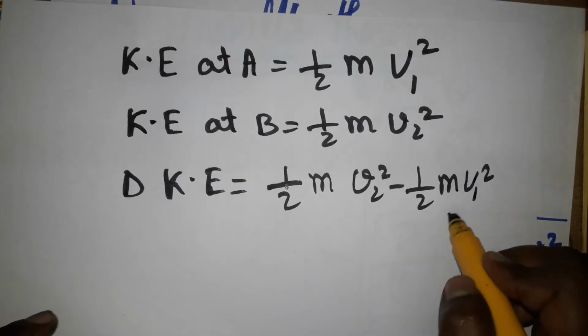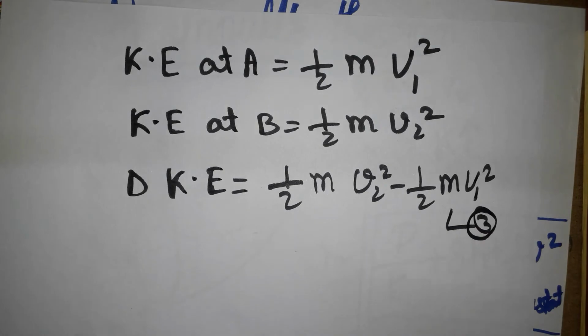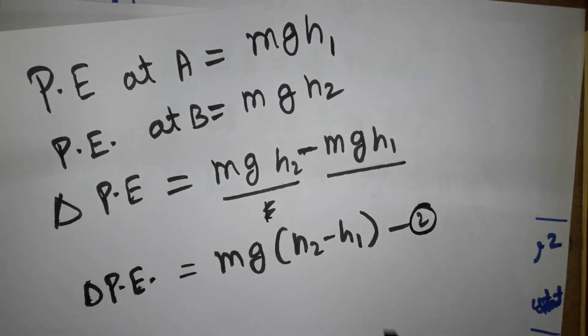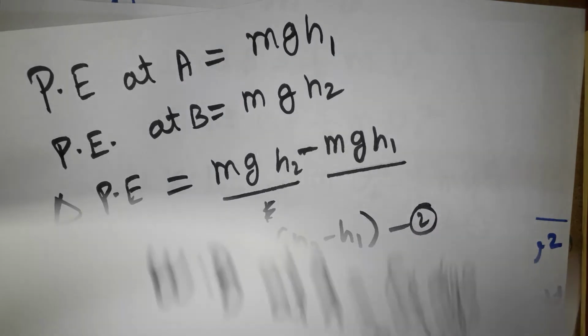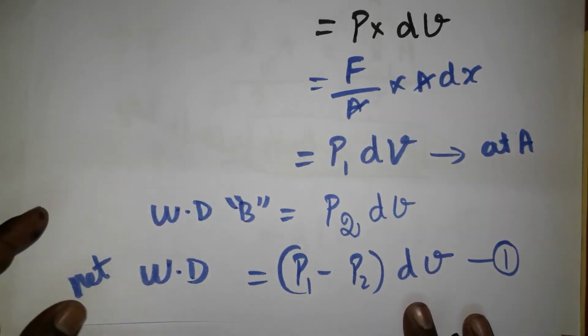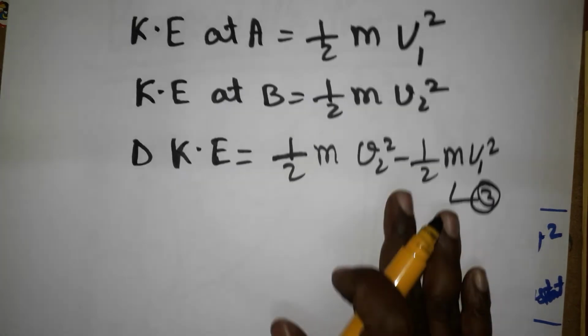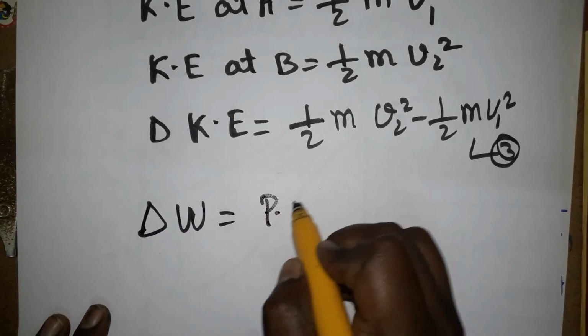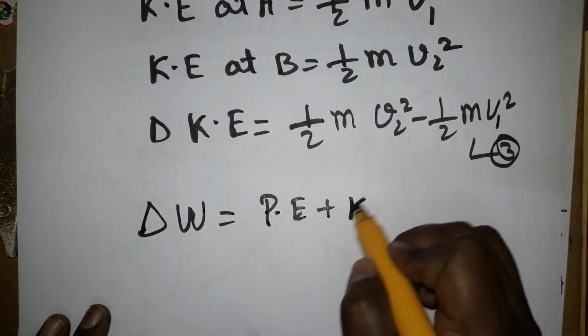Now kinetic energy is equation number 3, potential energy is equation number 2, and work done is equation number 1. So we have 3 equations. Changing work done is equal to potential energy plus kinetic energy, the total energy.